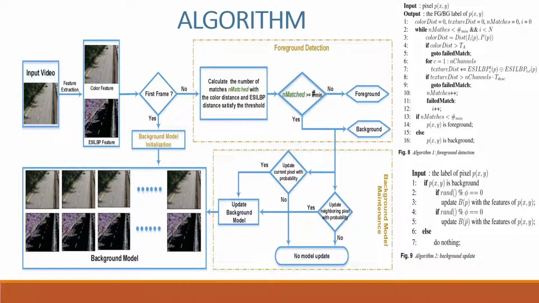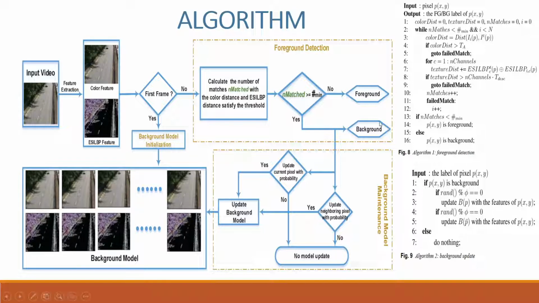The ESILBP is a binary string of 16 bits, so we calculate the Hamming distance between the given frame and the background model data. If the texture distance is also greater than a certain threshold, then we say this pixel does not belong to the background model, and we move forward to the next iteration.